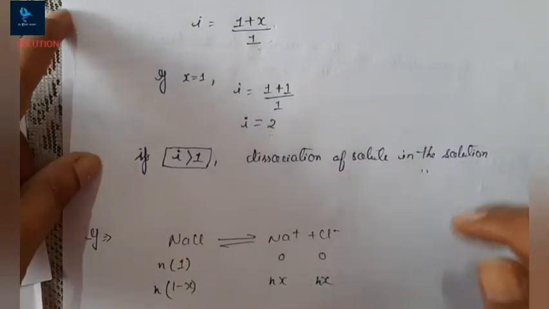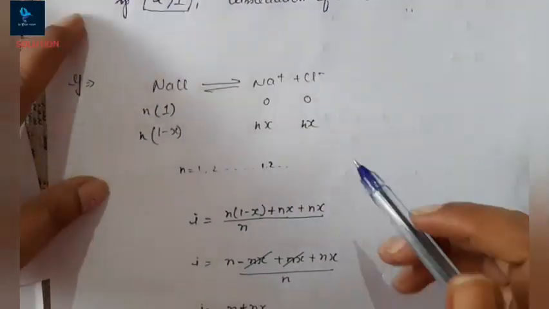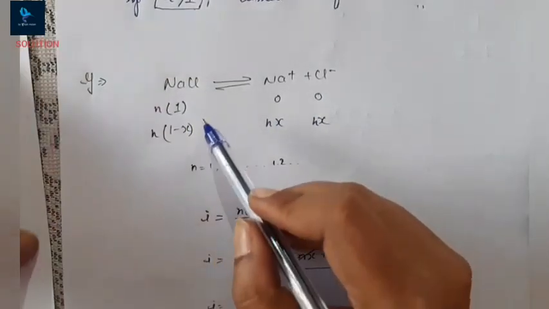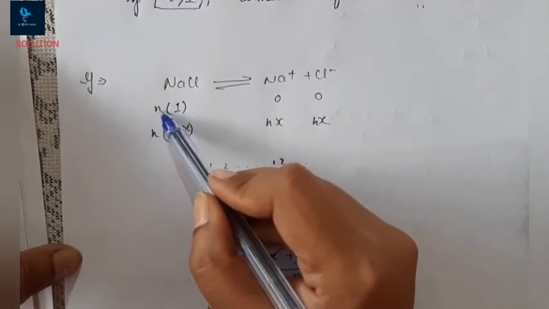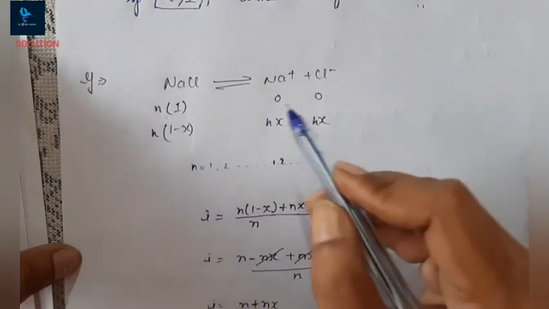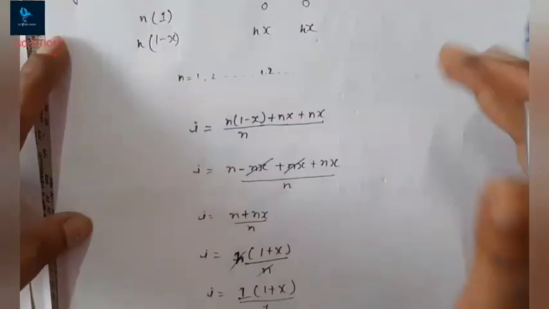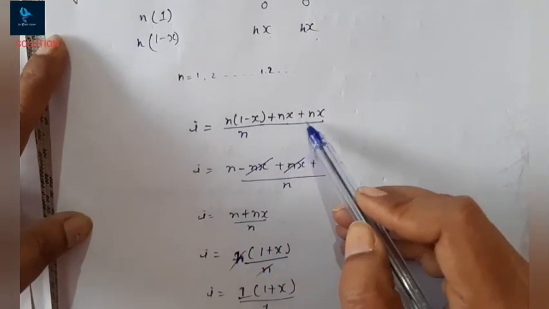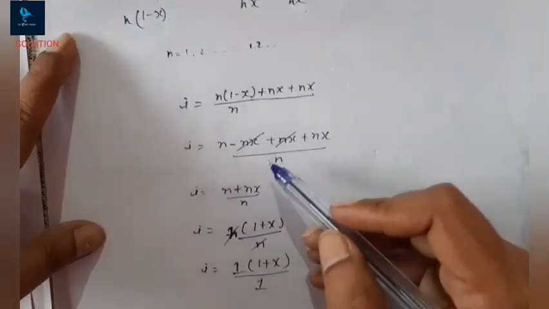When you have a fraction value or a decimal form, you can write it like this: nothing to do, just multiply by n. This is n multiplied by 1, n multiplied by 1 minus x, n multiplied by x, and n multiplied by x, equal to n times 1 minus x plus nx divided by n, and n cancels.